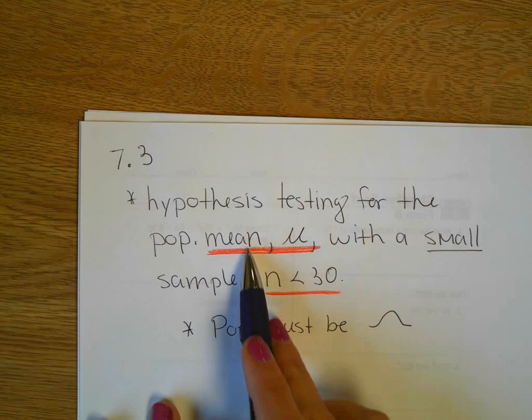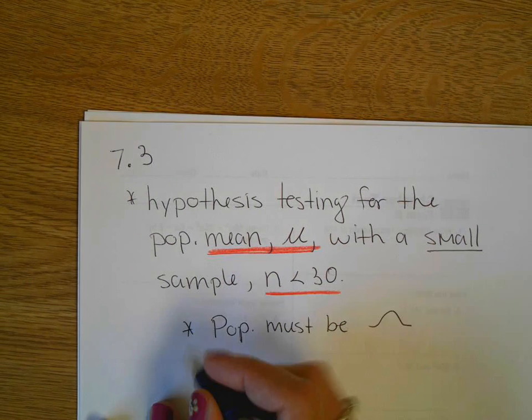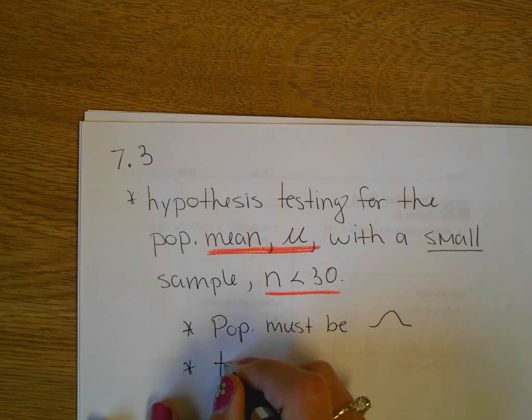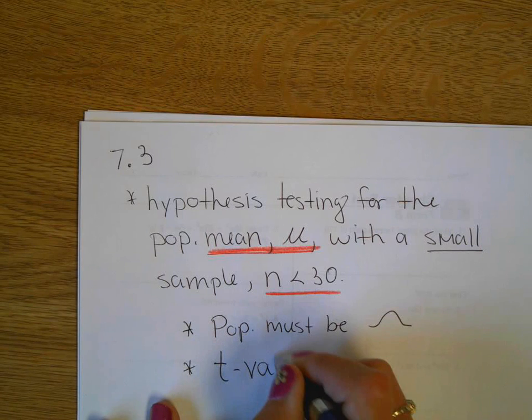So, if we are doing mean, small sample, normal population, the difference between yesterday and today: yesterday was the z-score, the z-table; today is going to be the t-table. So these are t values.